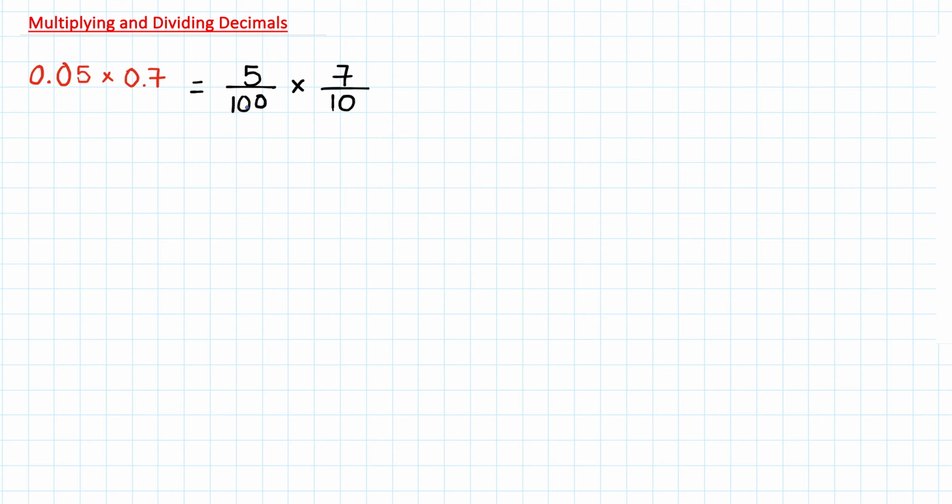It's not that we're not going to simplify. What happens is that because we want to give our answer in a decimal, we have to keep our denominator in powers of 10. That means that the denominator has to be a power of 10. What option do we have? It can be a 1, because 10 to the power 0 is 1.